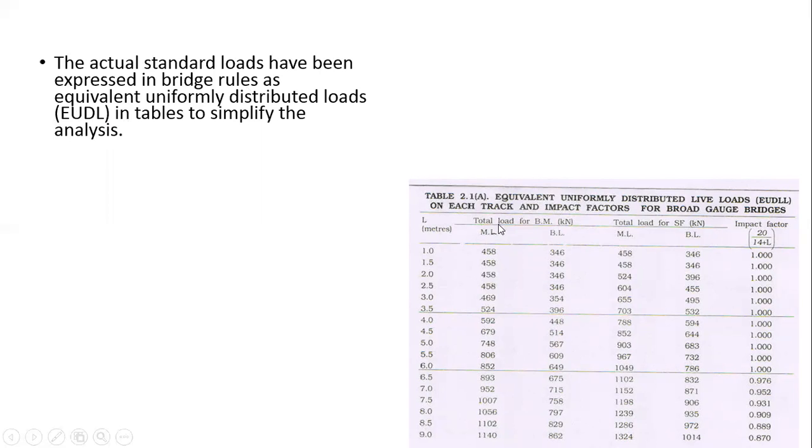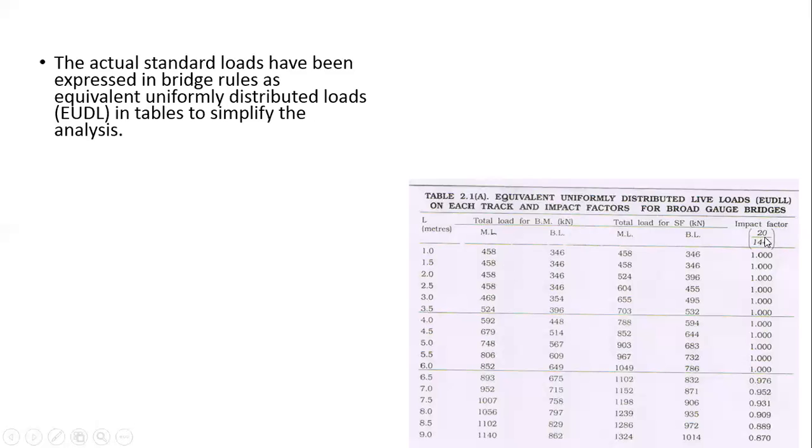The second is the total load for bending moment in kilonewtons. We have two columns here: ML means main line, BL means branch line. If you have designed a bridge for main line, use these values; for the branch line, use these values. Similarly, the total load for shear force in kilonewtons is given for main line and branch line. And in the last column we have the impact factor.